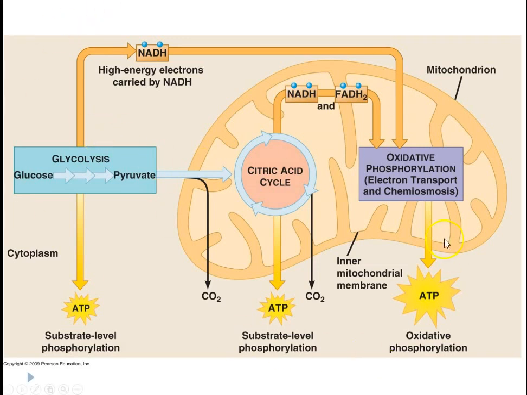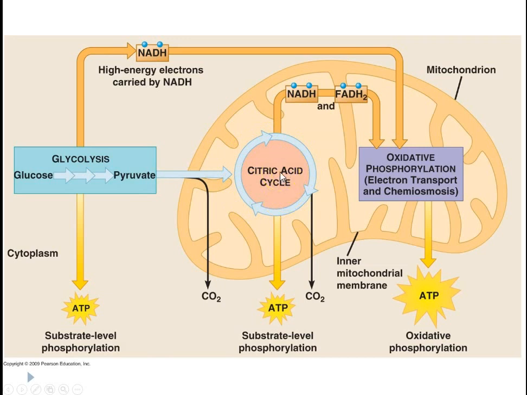So imagine this whole thing is the cell, and this bean-shaped thing is the mitochondria, the powerhouse of the cell. Glucose will come in and get split into this thing called pyruvate, and this happens outside the mitochondria, in the cytoplasm, that liquidy area. Eventually, pyruvate will go into our next step called the Krebs cycle.